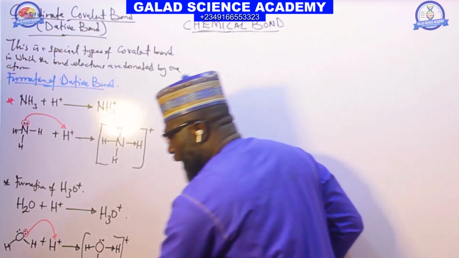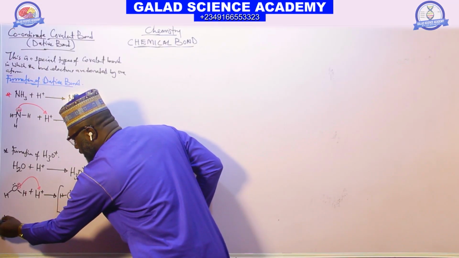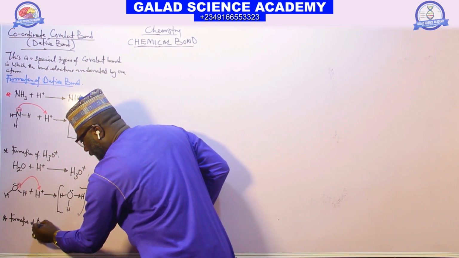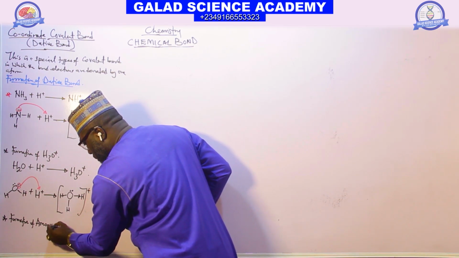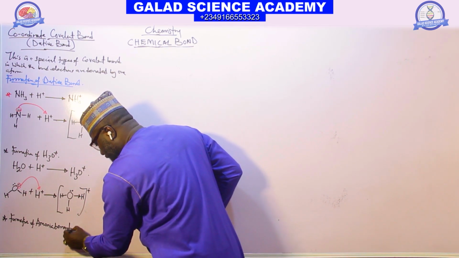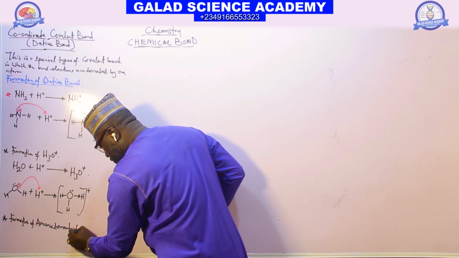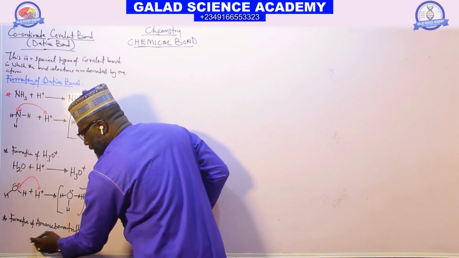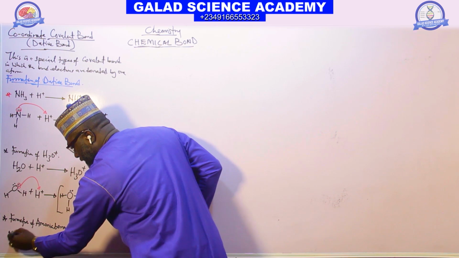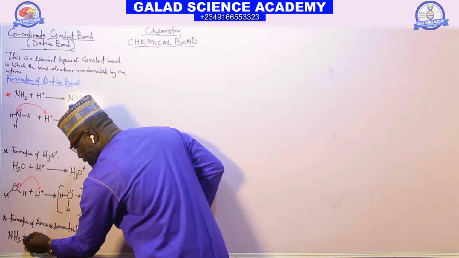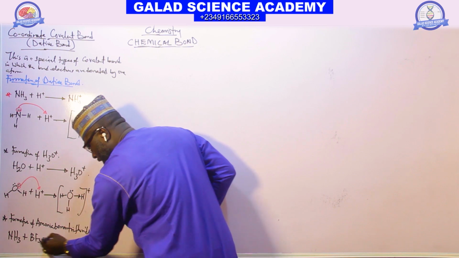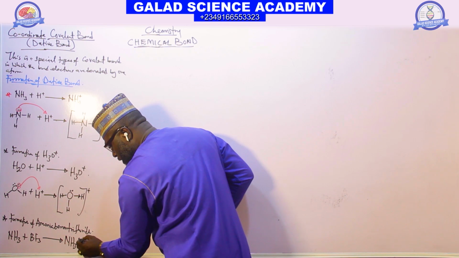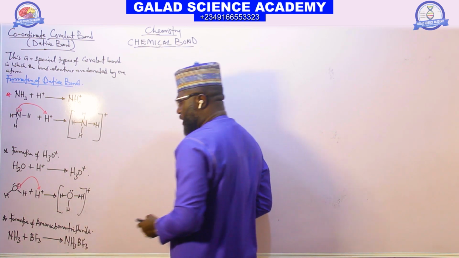So the next one, let us look at the formation of ammonia boron trifluoride. Here we have ammonia, NH3, reacting with BF3. If these react together, we have ammonia boron trifluoride. This is the compound.